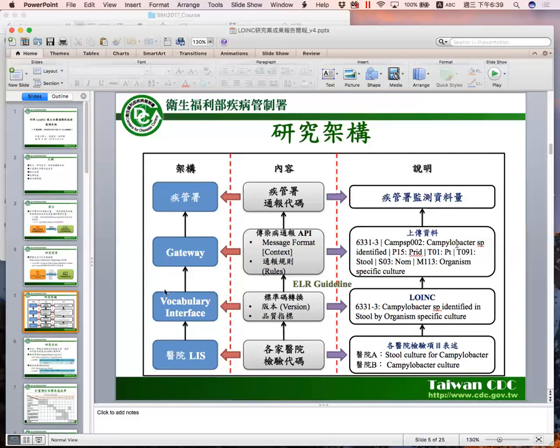So here is the histogram for 15 reported diseases. You can see that for Streptococcus pneumonia, they have 3 different LOINC codes for mapping. So that is a huge amount. If you want to do the mapping, you need to have knowledge of LOINC, and you also need knowledge from the laboratory.